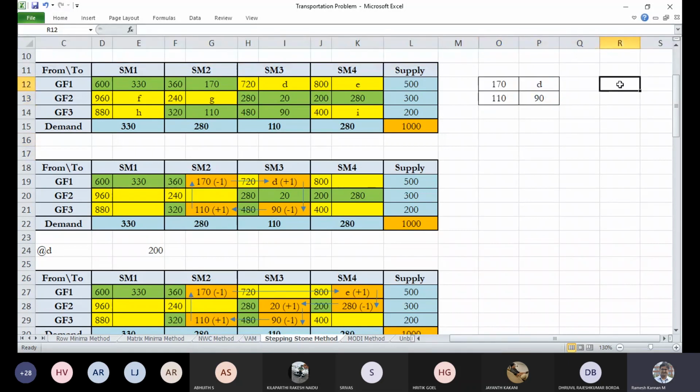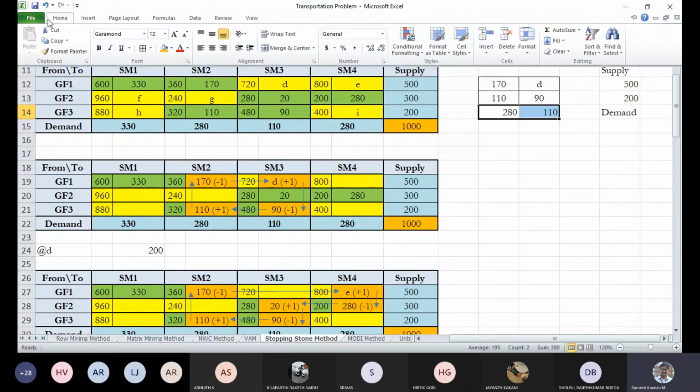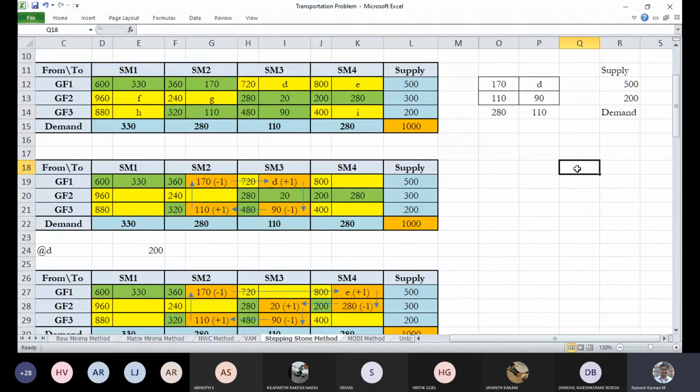Initially the demand is 500, and the supply here is 200, and the demand at the bottom is 280 and 110, right? So this is the initial thing.